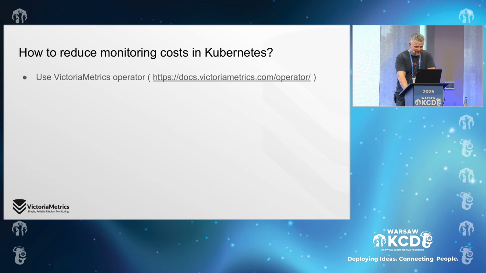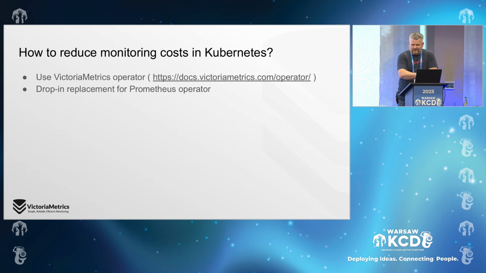So how to reduce costs in Prometheus in Kubernetes? You can manually install and set up vmagent or VictoriaMetrics in Kubernetes, but it is much better to use already built solutions such as the VictoriaMetrics operator, because it is a drop-in replacement for the Prometheus operator. It supports the same or similar CRDs as the Prometheus operator.